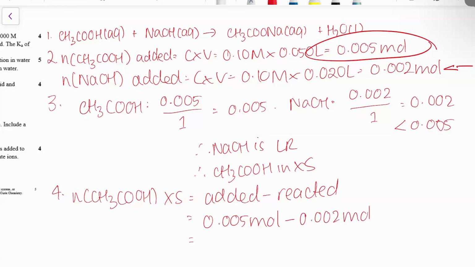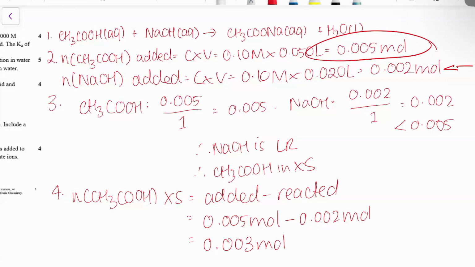So my moles of acetic acid that's left over, that's available to affect pH, is 0.003 mole. Now, with a strong acid and a strong base, this is where you stop because if you have something strong, then the conjugate is really weak.